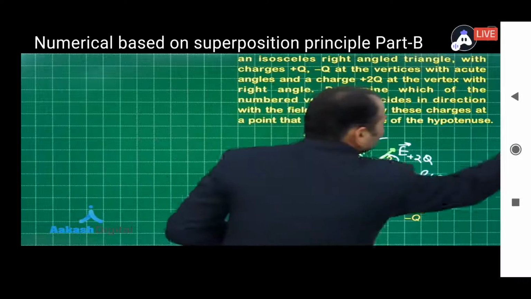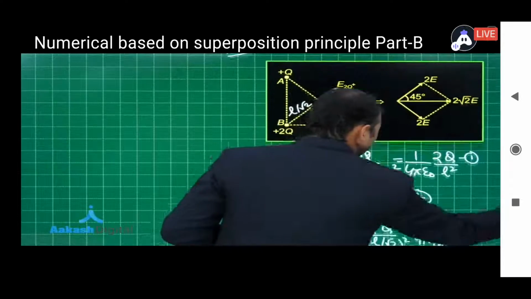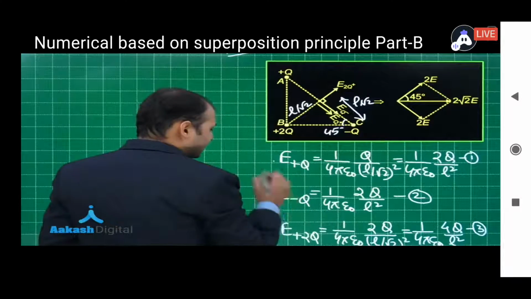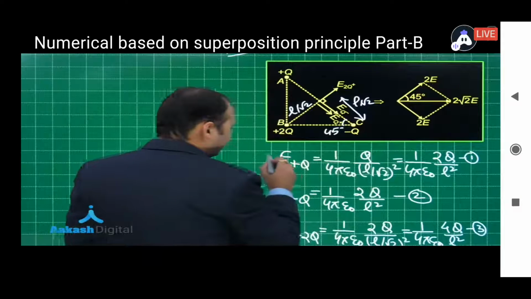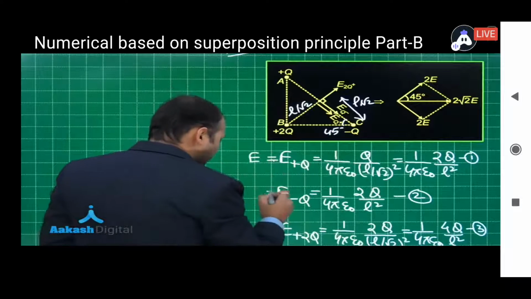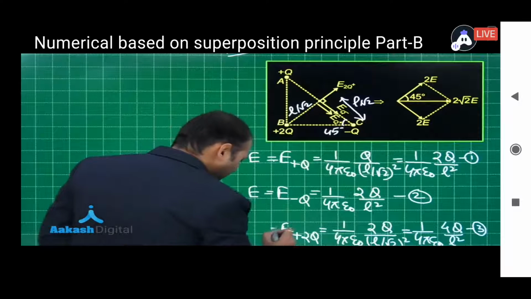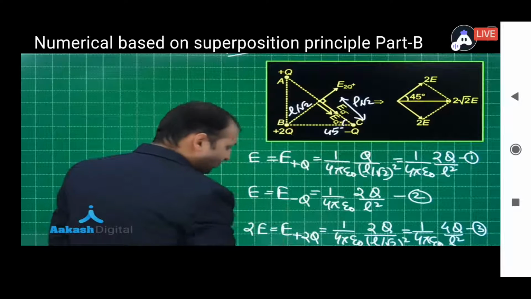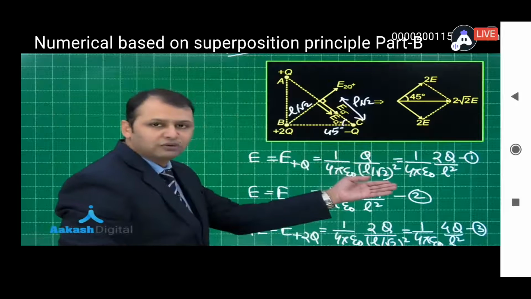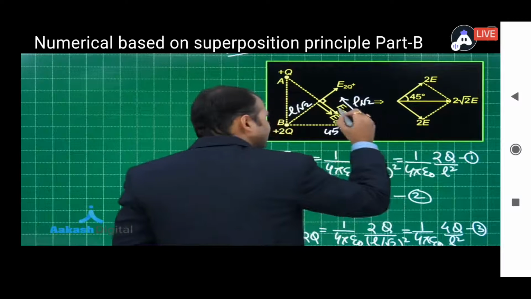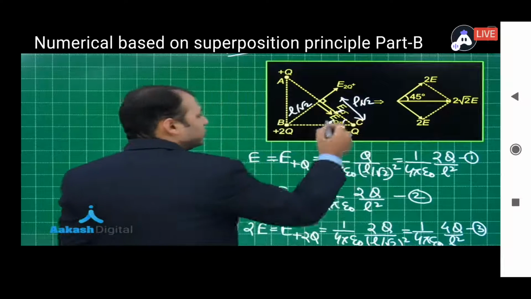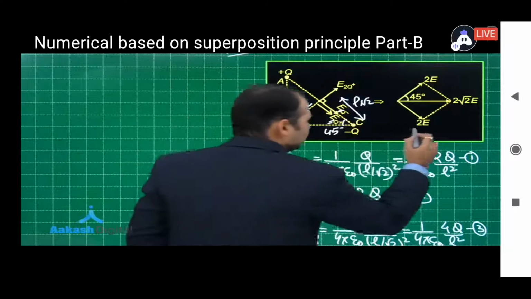Now, when you talk about the net electric field, you can see the values due to plus Q and minus Q are the same. So can it be considered E? If I consider this magnitude as E because they are the same, this will be 2E because it is double. You can see the representation here: downwards is E, then E. Together they become 2E.